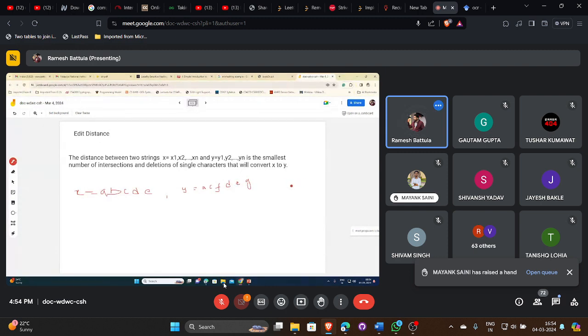Now you have to convert x to y. If you want to convert x to y, what are you supposed to do? In the first step, you need to delete b. If you delete b, what will be there? A, C, D, E is there.